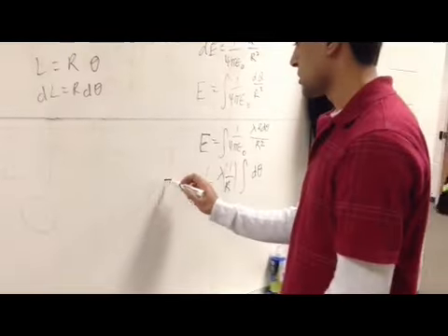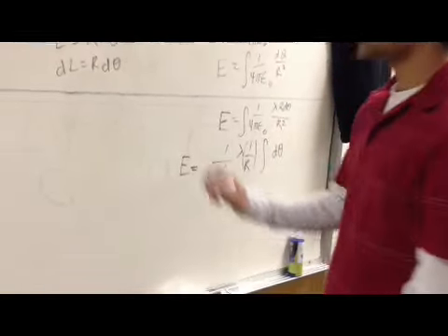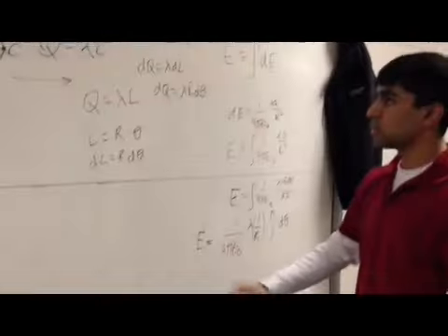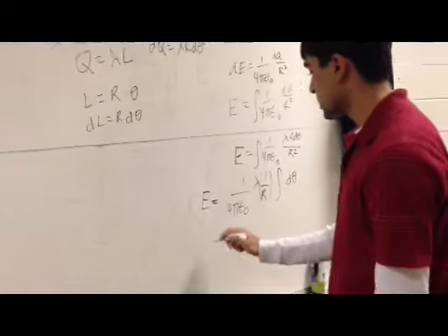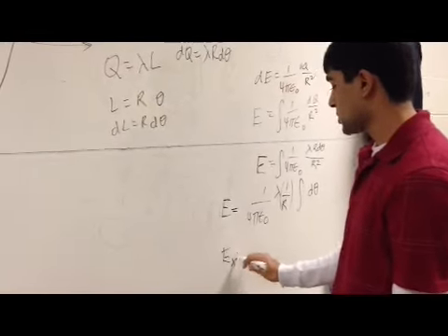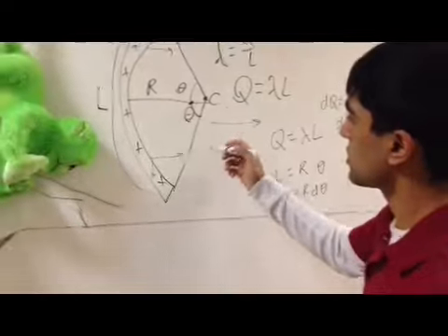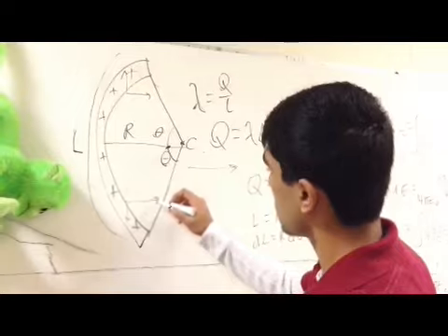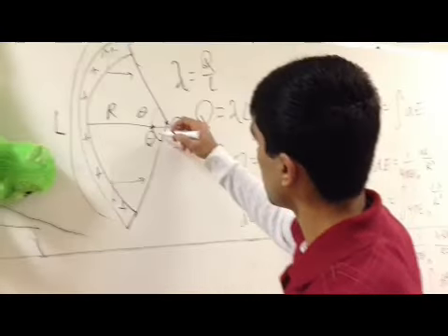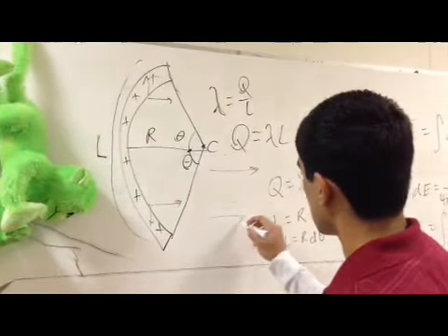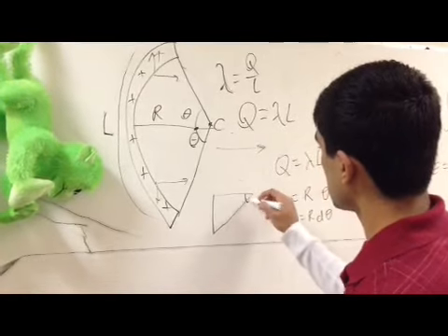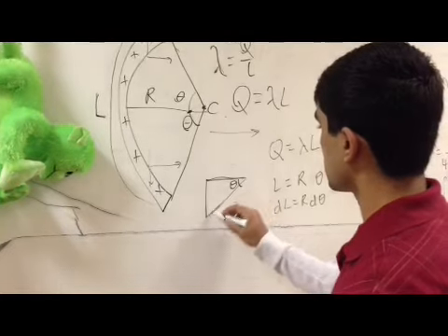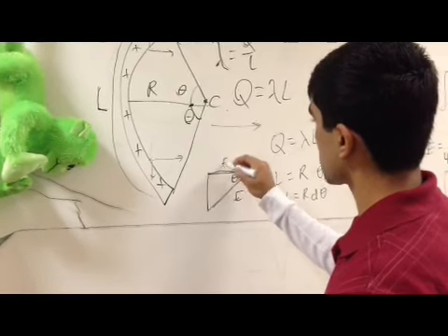This is equal to E. But we said previously that the y component doesn't matter, so when we're calculating E, we only need the x component. So we can just take EX, which would be cosine theta times E, right? Because we have basically a triangle. This is the angle. We want the x component, so we take the cosine, and this is the total E. So this is E. This would be EX.